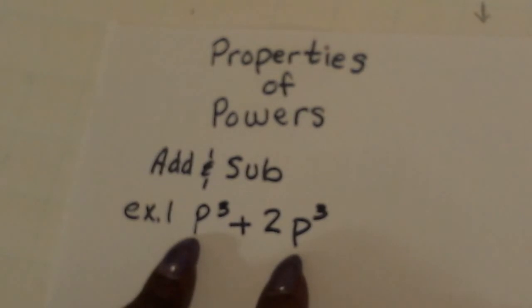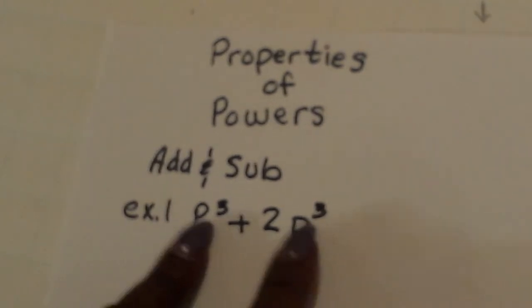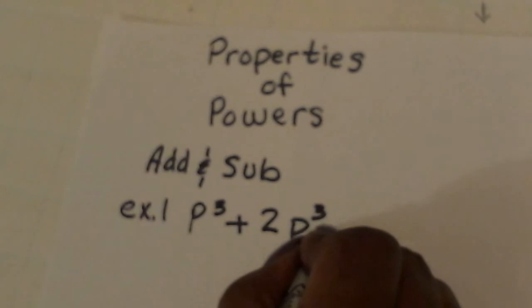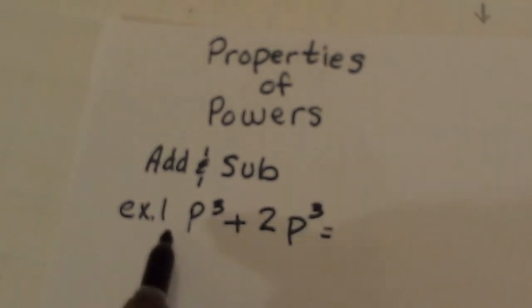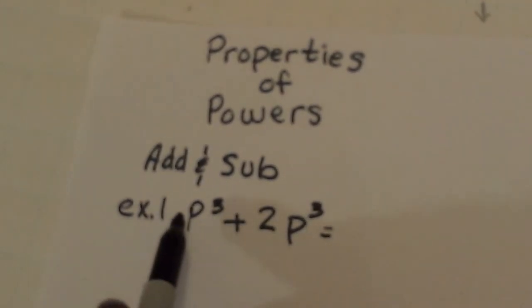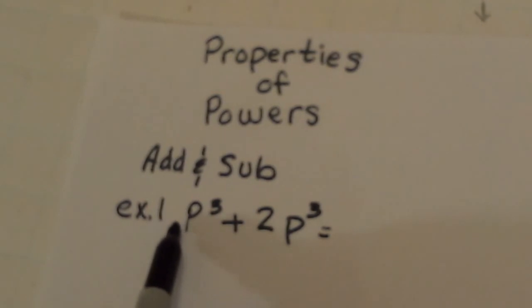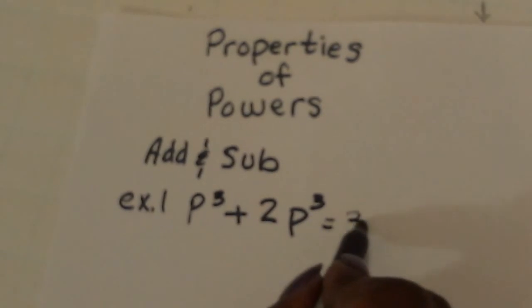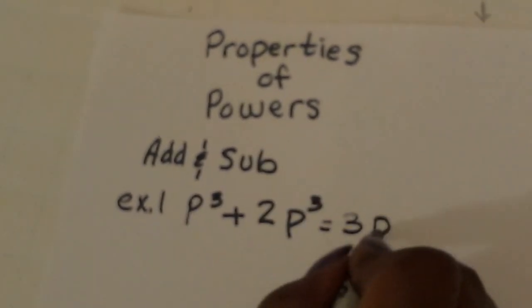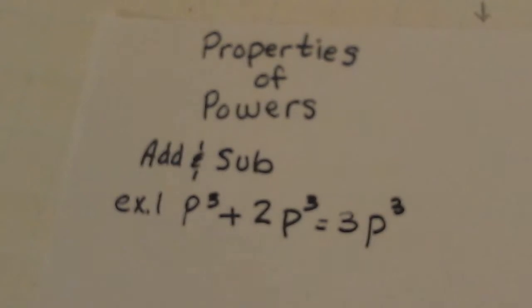So the bases are the same and the powers are the same. So they're like terms, so we can add the coefficients. That's the number in front of the variable. If we don't see a number, we have to assume it's 1. So I have 1 plus 2, which gives me 3. And then you just write the variable and the power. It stays the same.